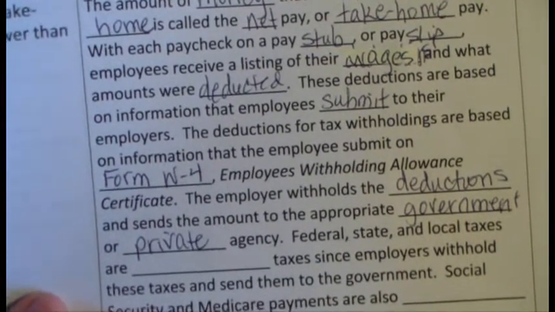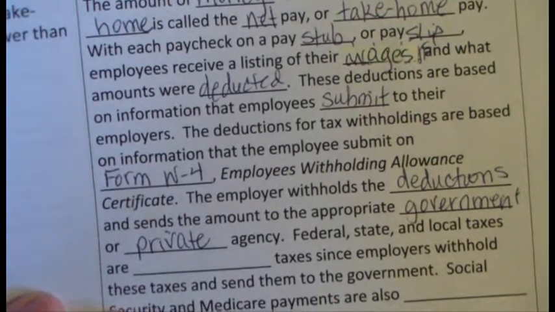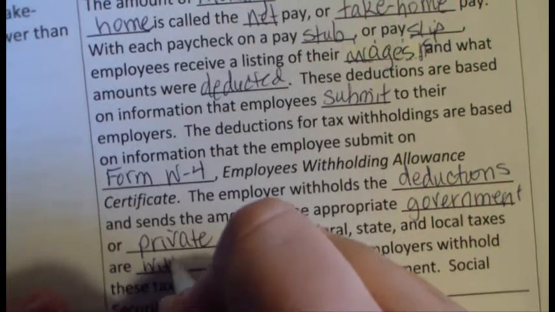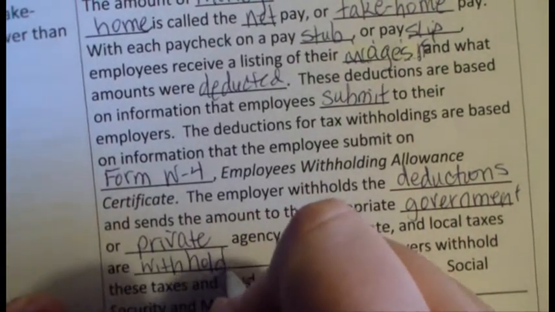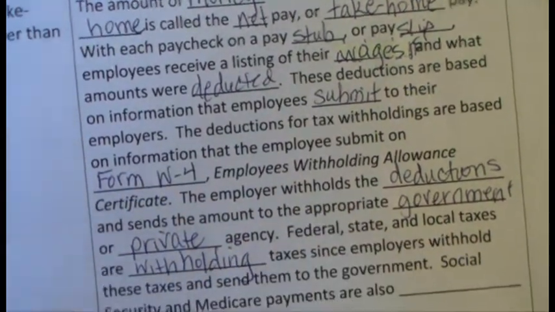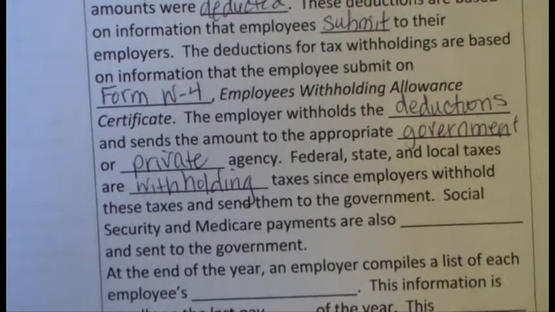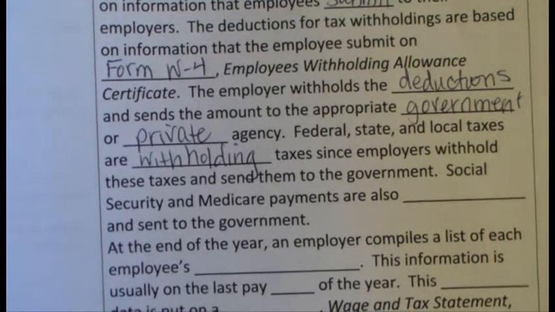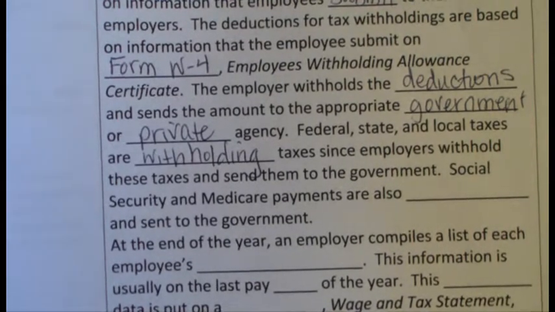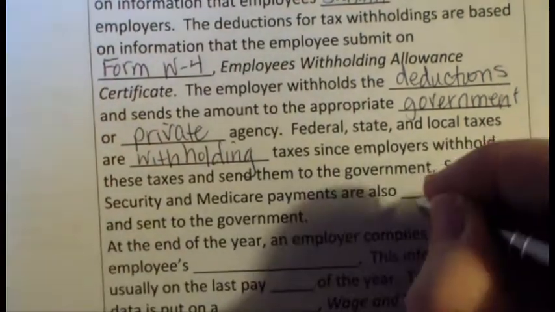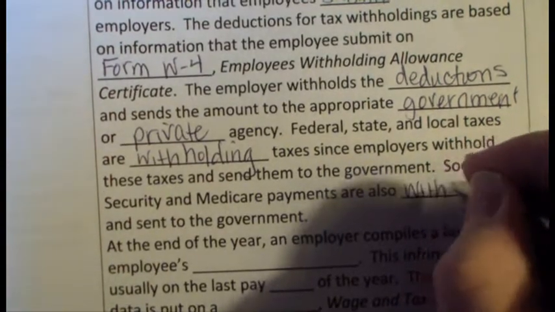Federal, state, and local taxes are withholding taxes, since employers withhold these taxes and send them to the government. Social Security and Medicare payments are also withheld and sent to the government.